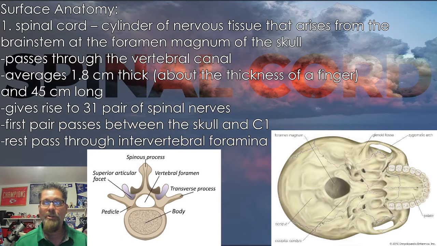But you can see there's 31 pairs of nerves, and basically as you go down the spinal cord, they branch out, and of course then they supply the nervous system for that particular area. And at the end of this unit, when we look at the dermatome, kind of mapped out where each of the nerves go to and what they supply for.